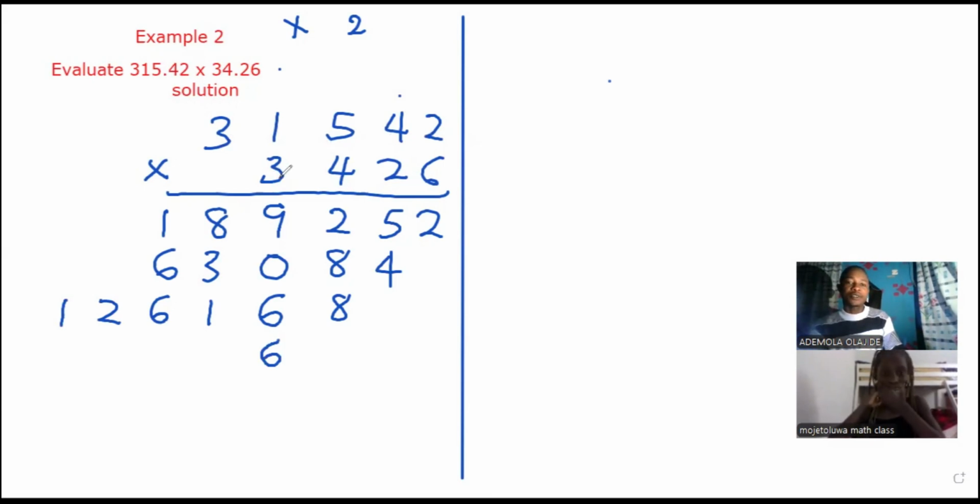Then 3 times 4, 12. Write 2 and keep 1. Then 3 times 5, 15. Plus this one you kept, 16. So we'll keep this one. We write 6.